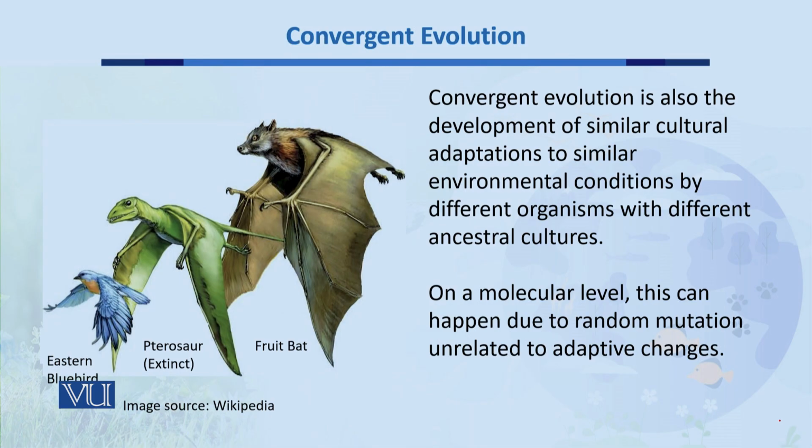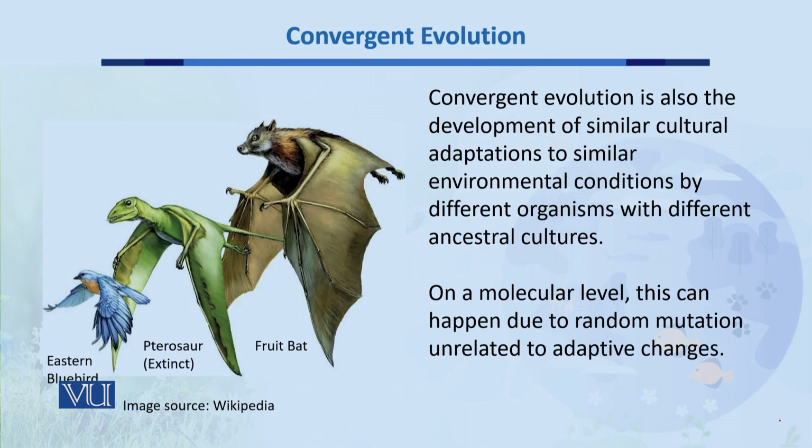But all three of them have developed similar adaptations to similar environmental conditions, and they have grown similar organs, although their ancestors had different organizational structures. On a molecular level, this can also happen due to random mutations which are not related to adaptive changes.